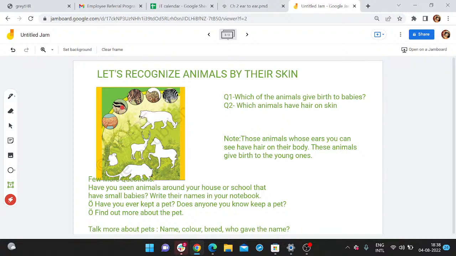So who is going to guess that? So this is the skin of a squirrel.